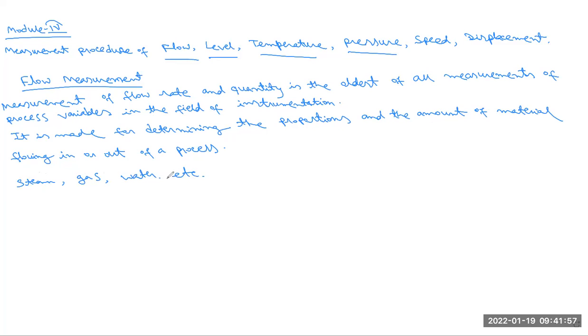Either steam flow measurement, gas variables, or water or any other form of liquid, we have to measure using this method. The method applies to fluids and sometimes also solids, but here we basically discuss liquids and water. Next, what is the method?